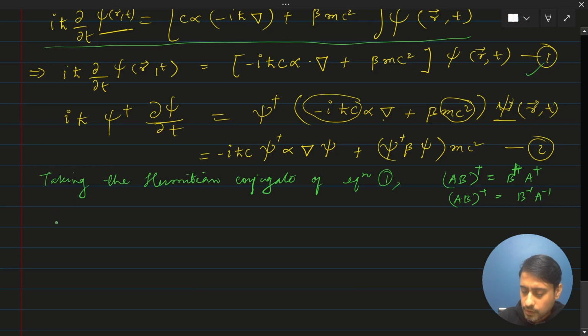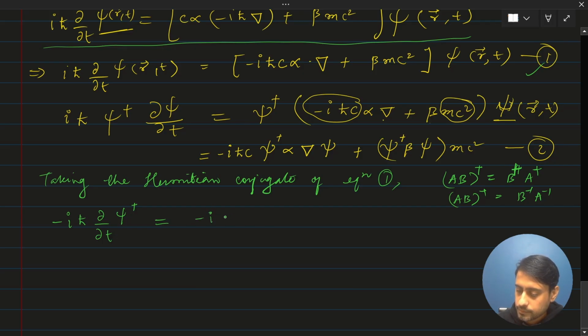Everything in the left will be conjugated. Iota will be replaced with minus iota, then h bar, del over del t, then psi dagger. Then this will be equal to the conjugate of this. Let's first write in the multiplied form, then we will take the conjugate.